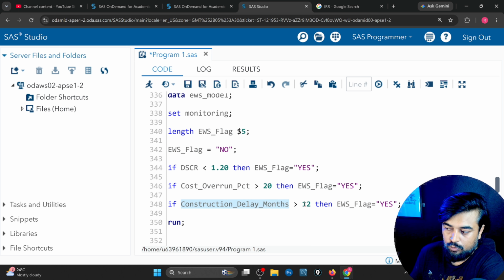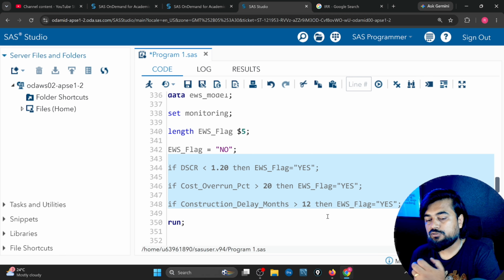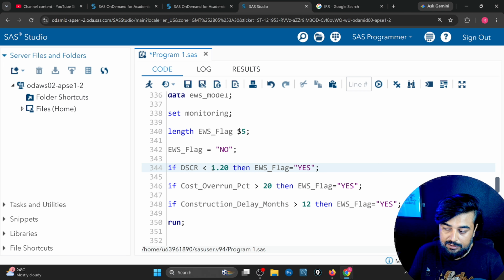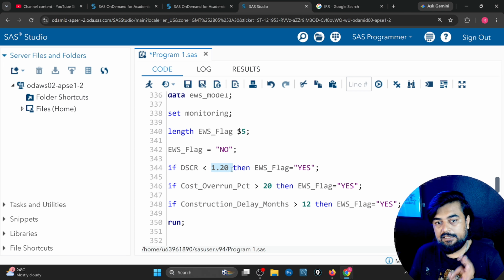If construction delay is more than 12 months, EWS, yes. So these three conditions all come up as an early warning system. Now DSCR should be greater than 1.2. On 1 rupee, I want to make at least 20 paise. Otherwise, it's an EWS flag.